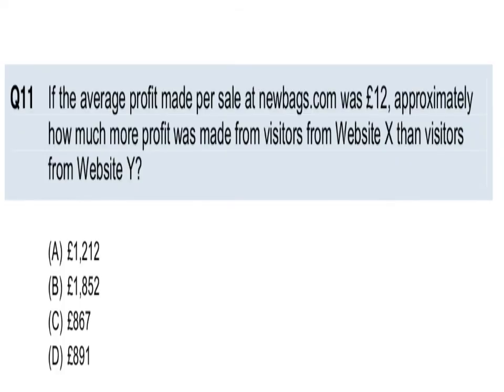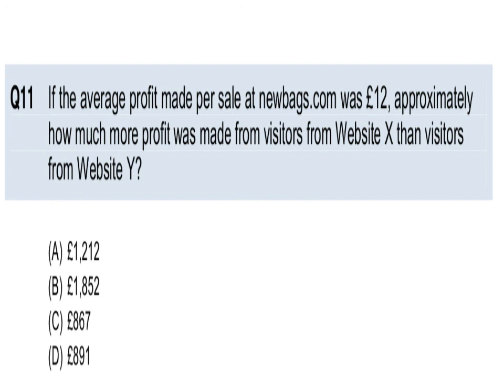Or you can look at the question again. It says, if the average profit made per sale at newsbag.com was £12, approximately how much more profit was made from visitors S than visitors Y? So we are looking for how much more.